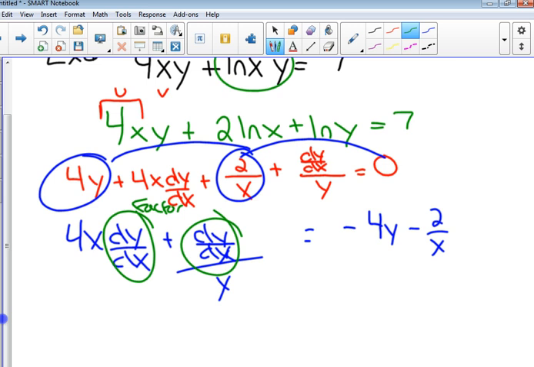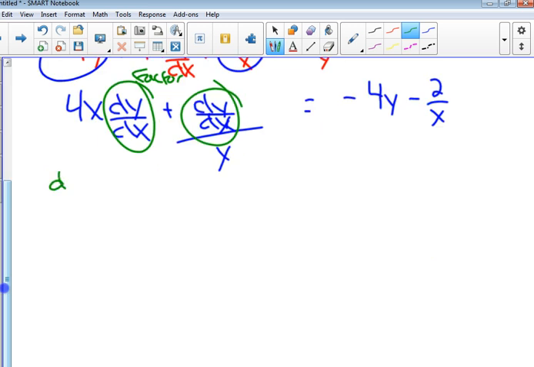If you want to keep going, factor out the dy dx. So dy dx times 4x. Watch out for this 1 over y.